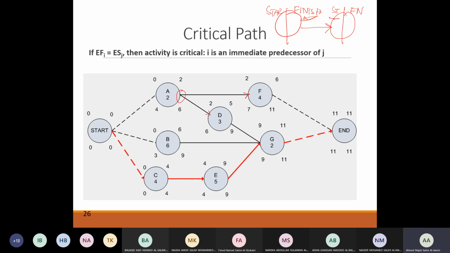Can you see that all of them are coming out from the right side and going into the left side? Okay, so all the relationships here are finish to start.